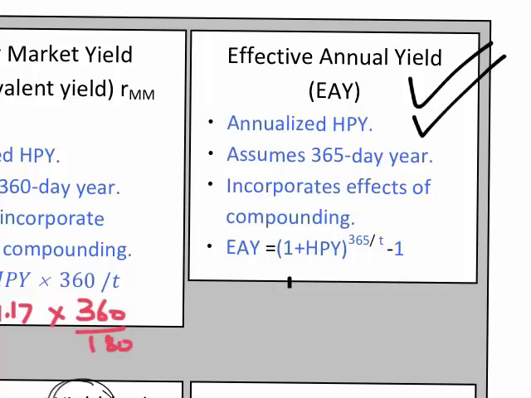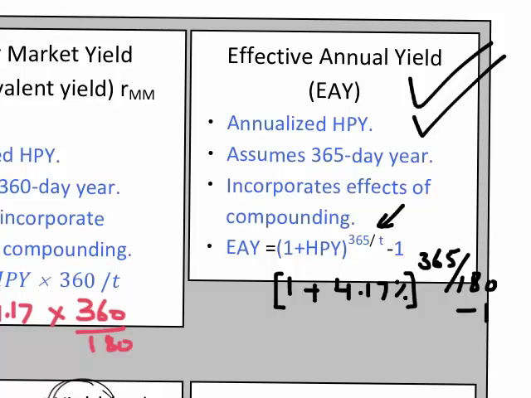In this, 1 plus 4.17%. Take a note, not 4%, 4.17%. Raised to power, take a note, it's not 360. It is 365 divided by 180. 365 divided by 180 minus 1.